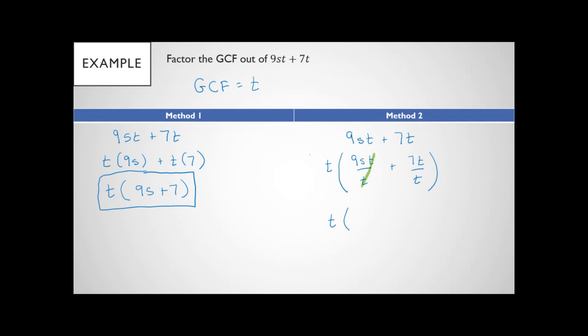I like this because I can see that the t's cancel and the t's cancel. We're left with 9s plus 7. So again, same answer, just a different method. It's showing you how it works, variables versus numbers.